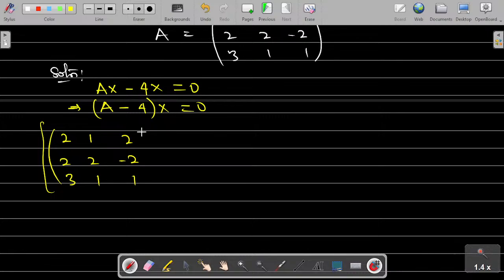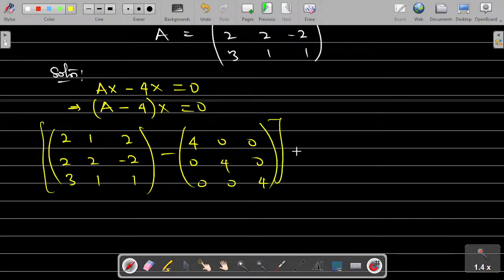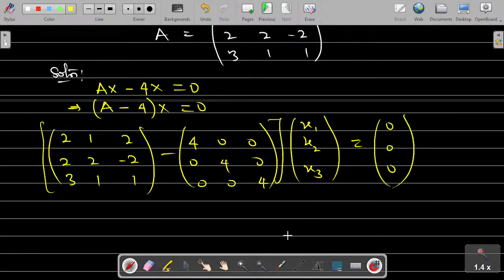Here you are subtracting the diagonal matrix 4: 4, 0, 0, then 0, 4, 0, then 0, 0, 4. This is multiplying our x1, x2, and x3. It's exactly the same thing we did, and on the right hand side you have 0, 0, 0.